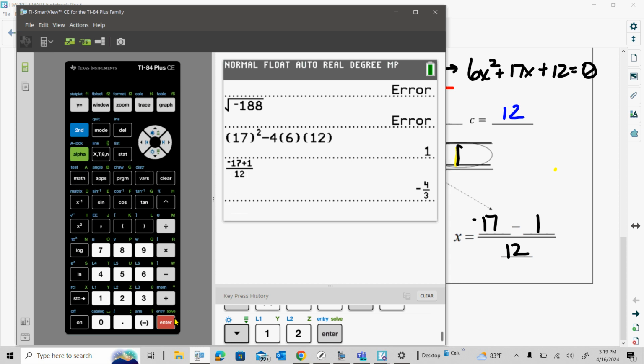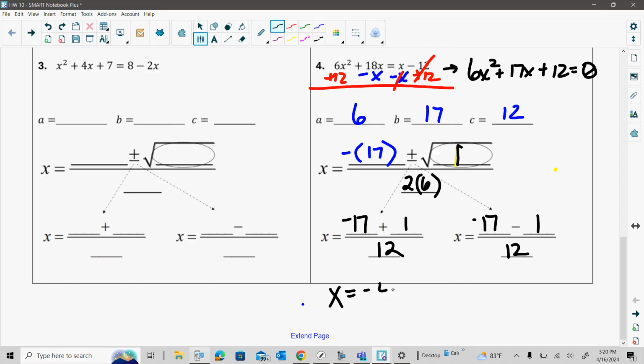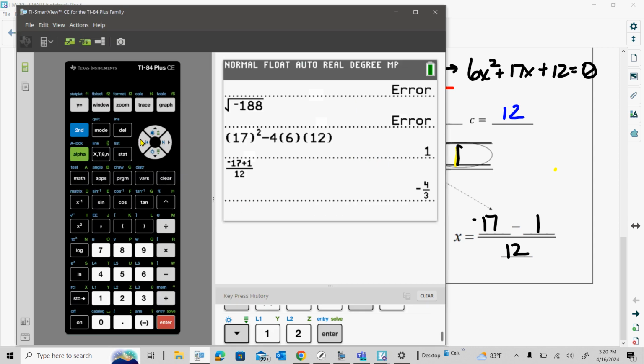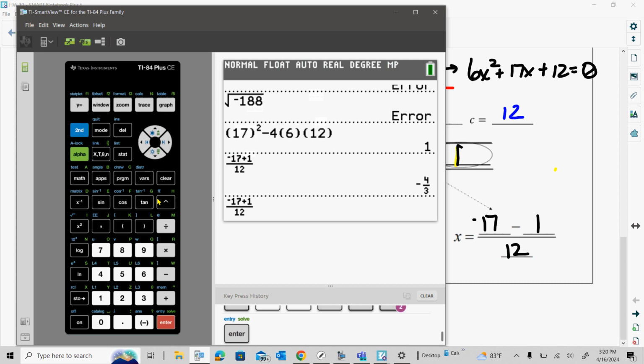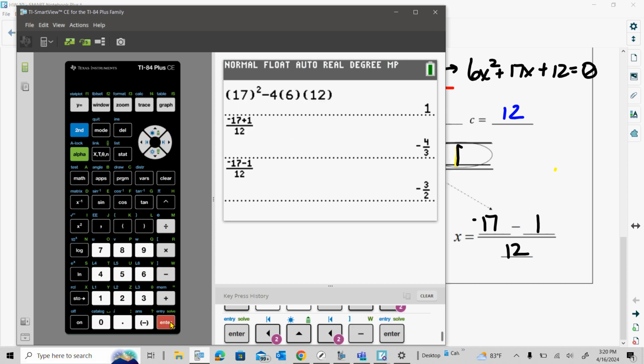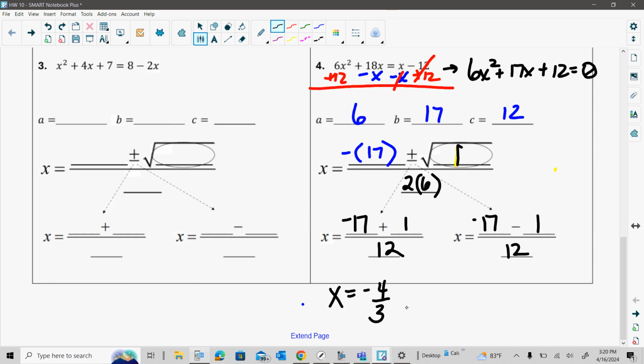We get the fraction negative 4/3. If I do the other one, you can just go arrow up and copy this, change that plus to a minus, then hit enter, and I get negative 3/2. Right.